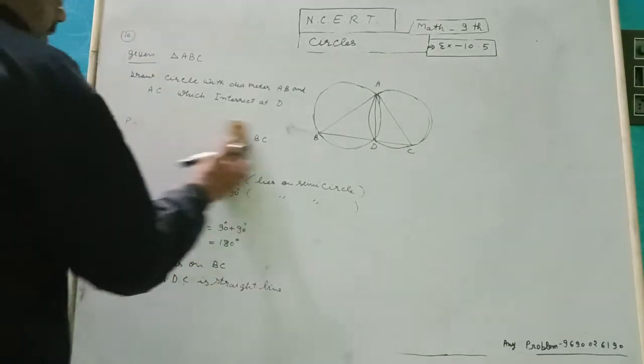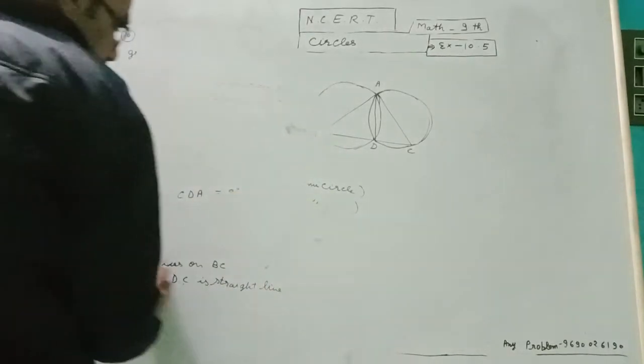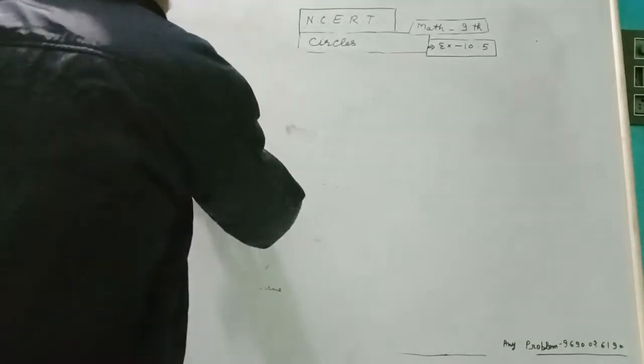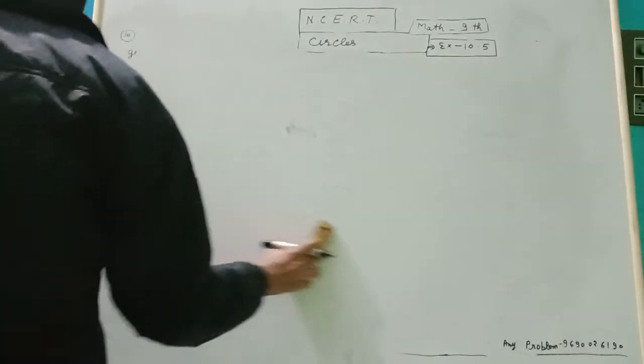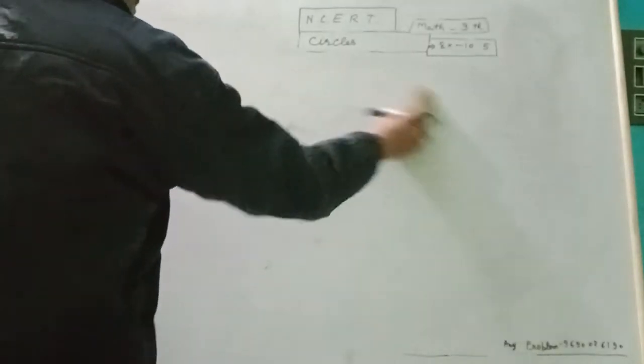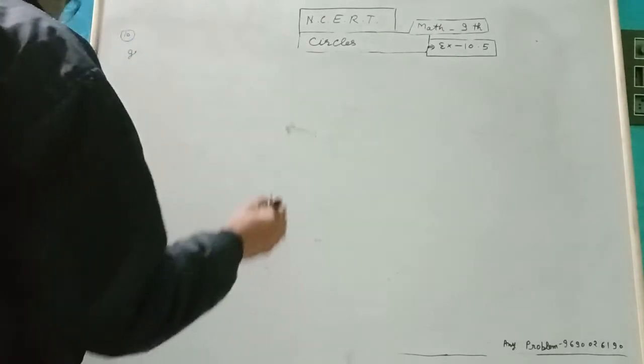Question 11: two right triangles with common hypotenuse AC.